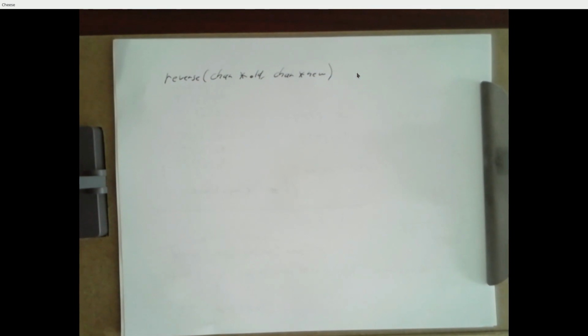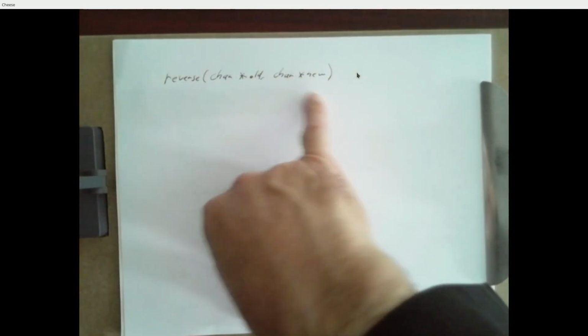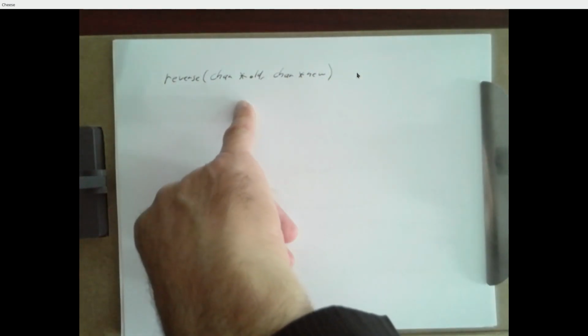Let's write a function named reverse. And it takes in two arguments. The first one is a string that already exists. The second one is a string whose value we're going to change. And we want this new string to basically be the old string in reverse order.